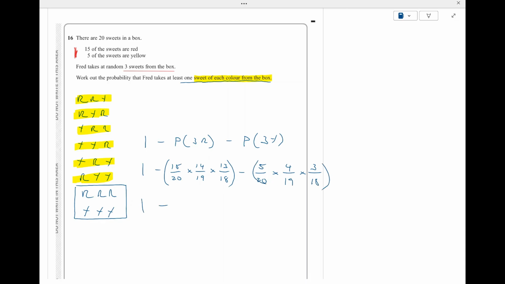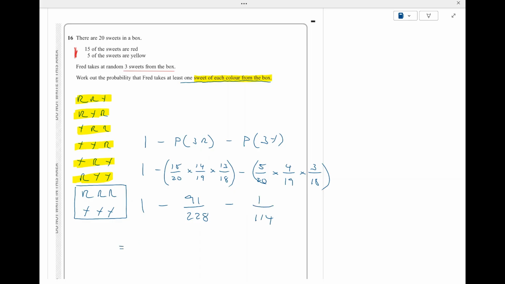So my answer is going to be 1 minus, right, on my calculator, 15 over 20 times 14 over 19 times 13 over 18. So that is 91 over 228 minus 5 over 20 times 4 over 19 times 3 over 18, 1 over 114.